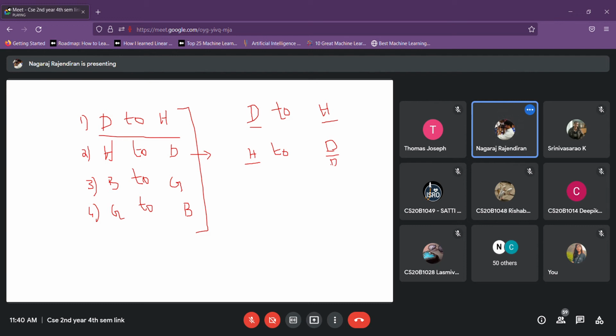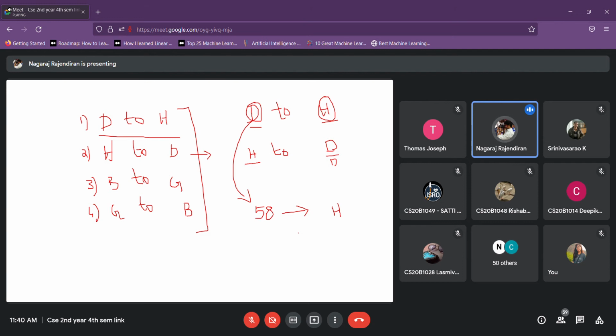Okay, so first is decimal to hexadecimal conversion. In this, we need to take any decimal number. For example, I am taking 58, and we need to convert it into a hexadecimal number.